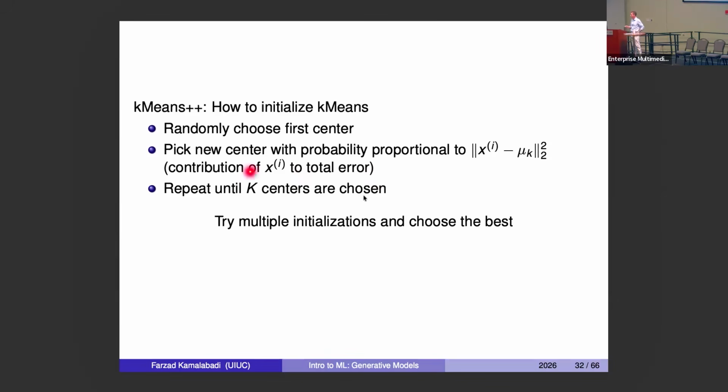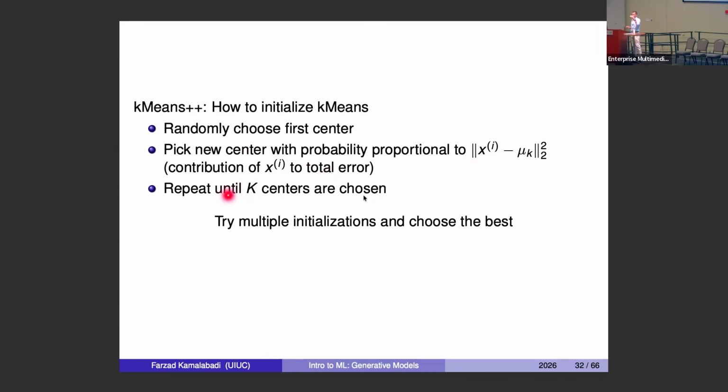So how does it do that? Randomly choose just one cluster center, not all k of them. Pick the next one, the second one, with probability proportional to the distance of xi from the nearest mu k, which essentially is the contribution of xi to the total error.